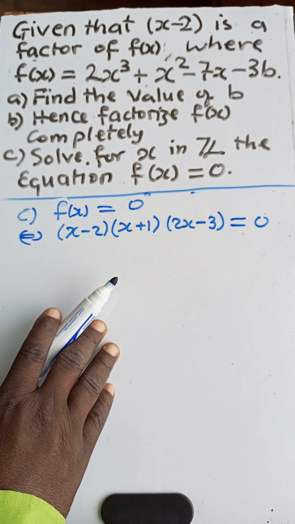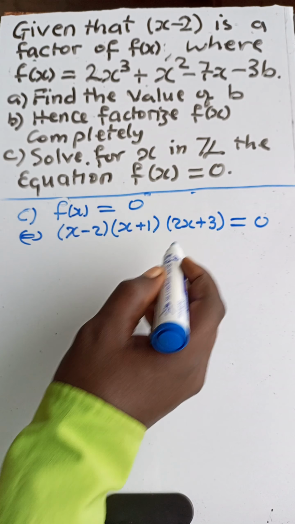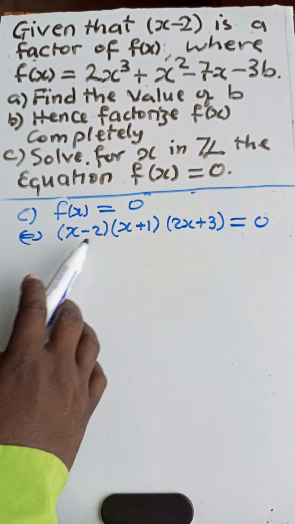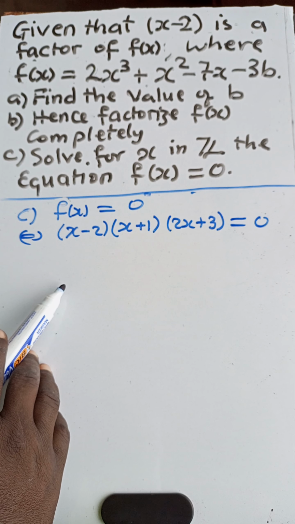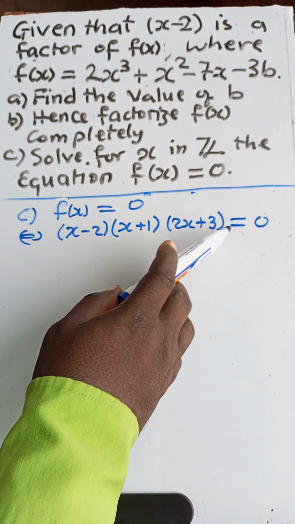All right? Okay. No, plus 3. Sorry. If you multiply out all of this, you will get back to the function 2x cubed plus x squared minus 7x minus 3. So this is f of x in its factorized form equals 0.